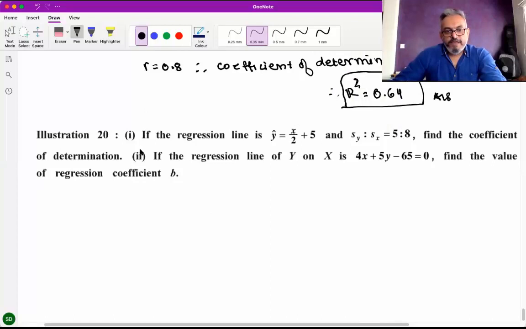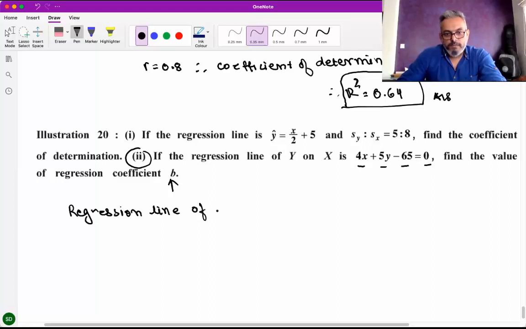Now, in the second part of the sum, if the regression line of y on x is 4x plus 5y minus 65 is equal to 0, find the value of regression coefficient b. So let's write regression line of y on x is 4x plus 5y minus 65 is equal to 0.